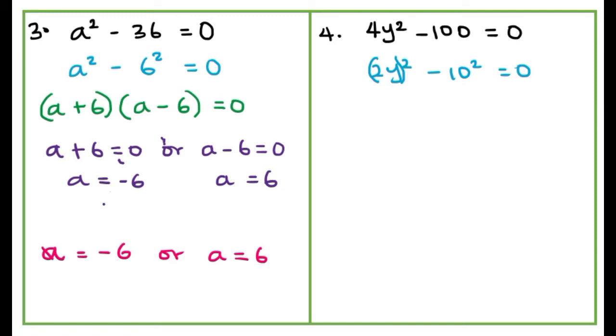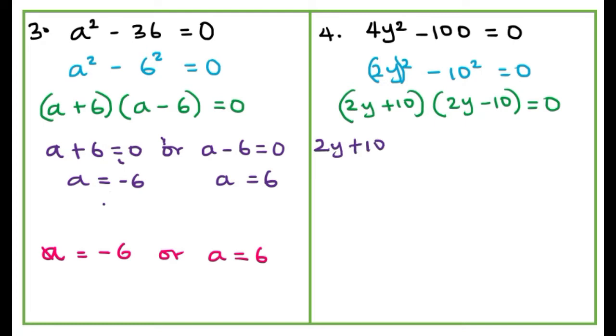So let's have 2y plus 10 into 2y minus 10 equals 0. So that we get 2y plus 10 equals 0, or 2y minus 10 equals 0.